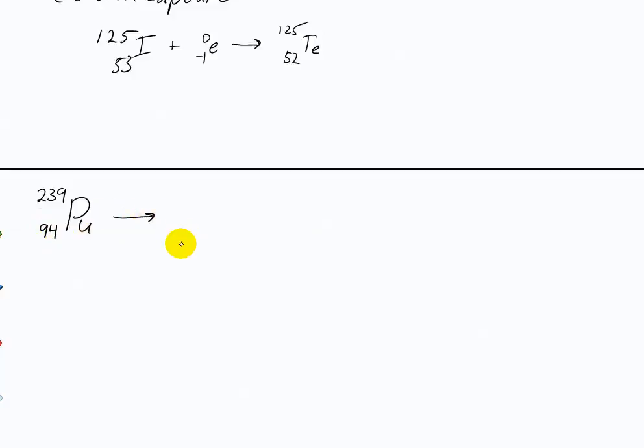So if it decays by alpha decay, put your alpha particle first, and then do the math. If it loses 2 on the lower number and loses 4 on the upper number, then the leftover thing must have 92 down here and 235 up here. So then you look at that 92 and you realize that is uranium.